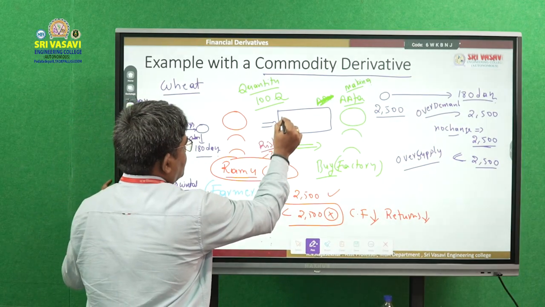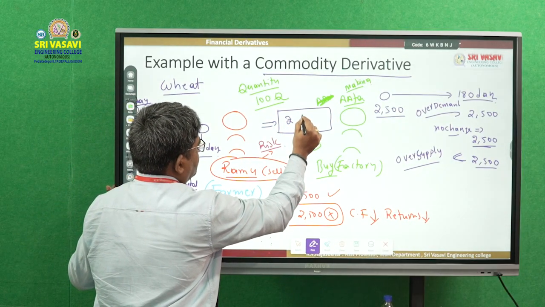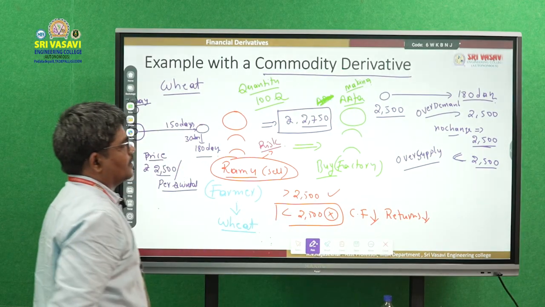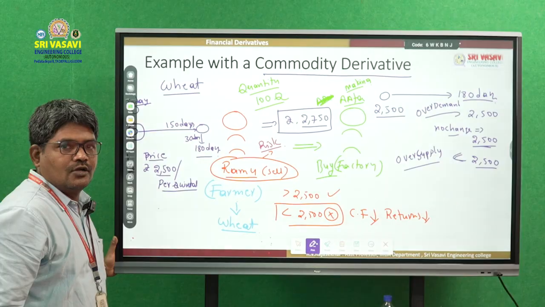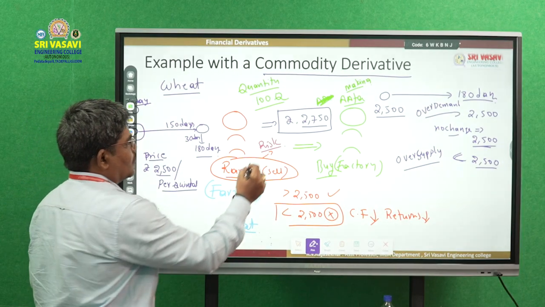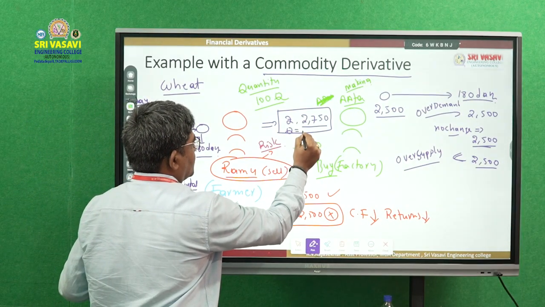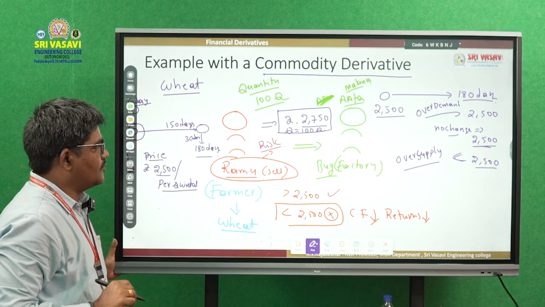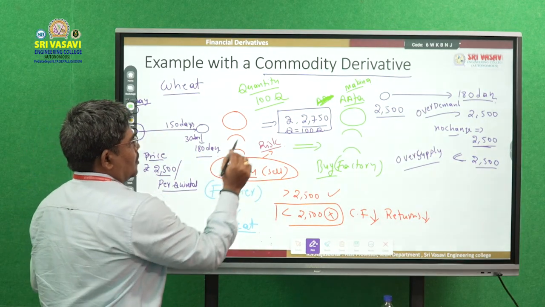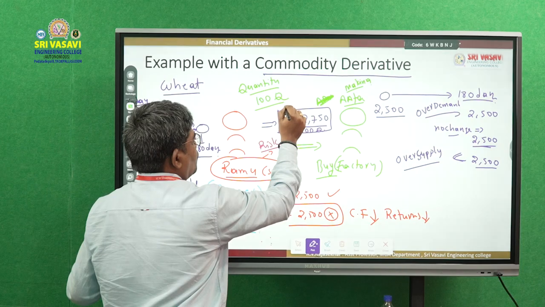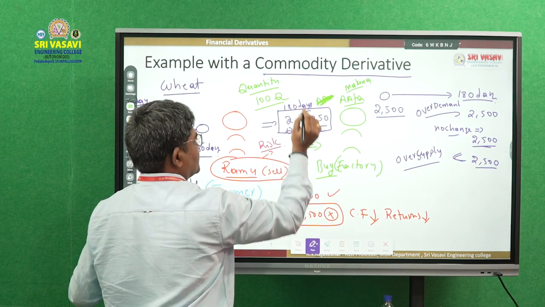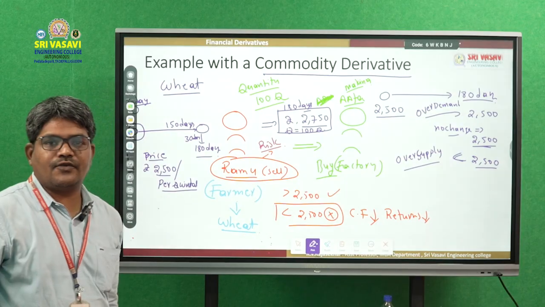Assume that they enter into a contract for 2,750. What is the quantity? Here the quantity is 100 quintals. What is the date? Are you clear now? 180 days from now.